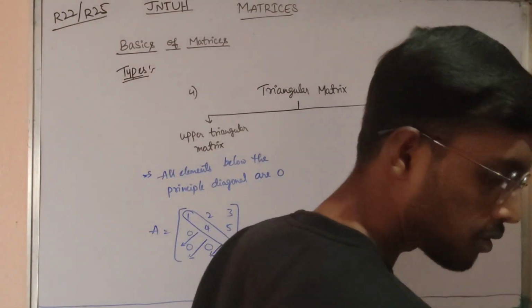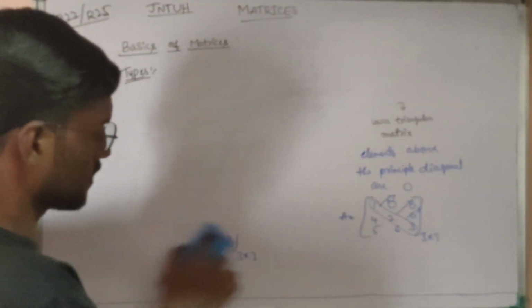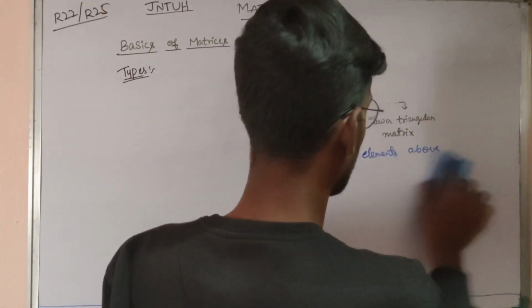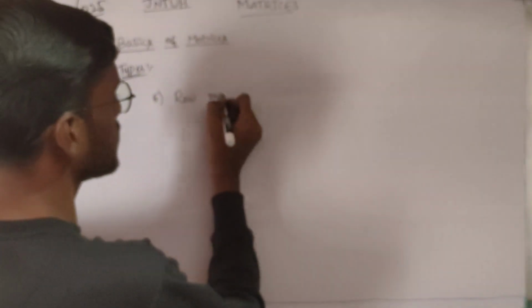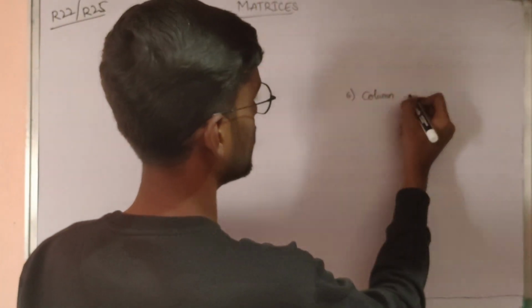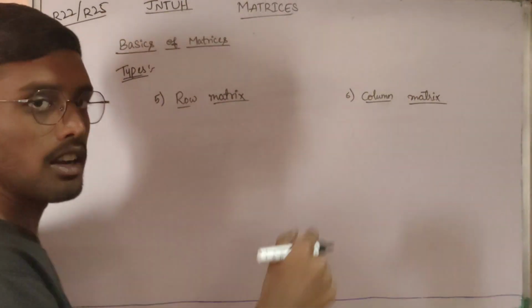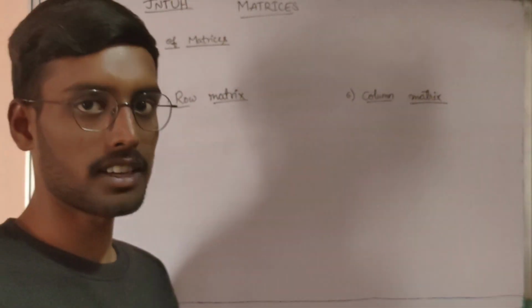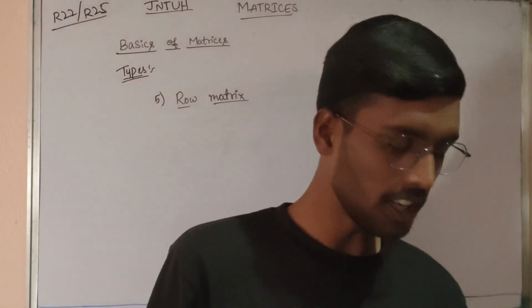Clear? Next, coming to the row matrix and the column matrix, our fifth type. A row matrix is a matrix having only a single row.